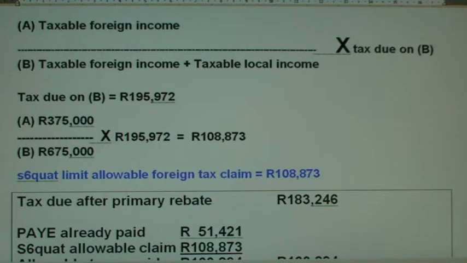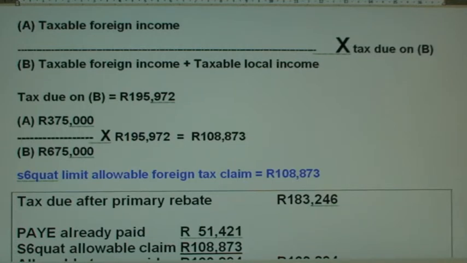So 375,000 divided by 675,000 multiplied by 195,972 equals 108,873. This is our 6 quat limit on our claim for foreign taxes deducted offshore.